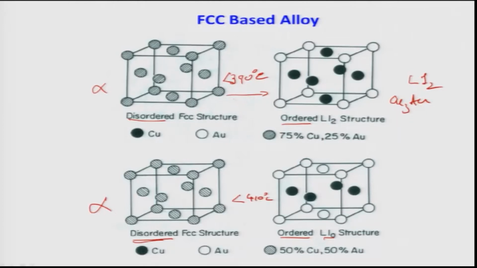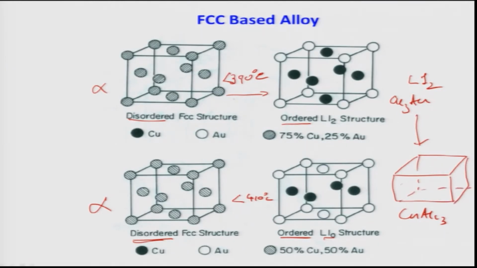So, these are all FCC alloys which have undergone disorder to order transformation, and I am just giving you gold silver. Remember, CuAu3 is basically exactly similar, but the atomic positions will be opposite as shown in the top figure. What is that? Let me draw the FCC unit cells.